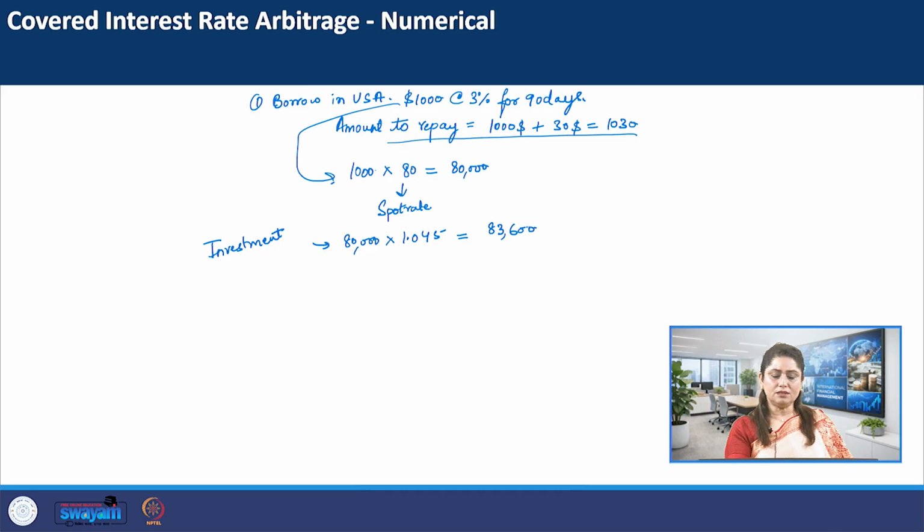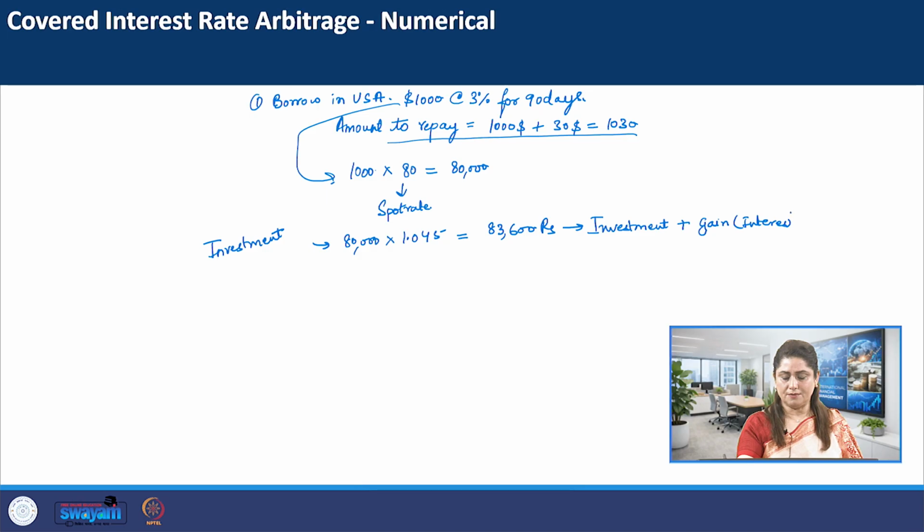Now this is the money that we have got from the investment, fine. So this is the total investment plus the gain in terms of interest that we have received. Now this will be converted into dollars at the forward rate.